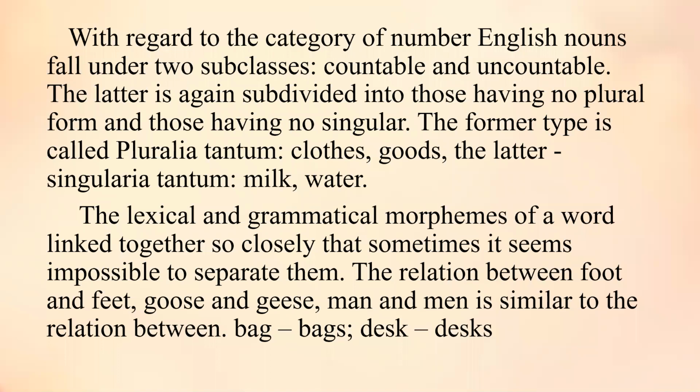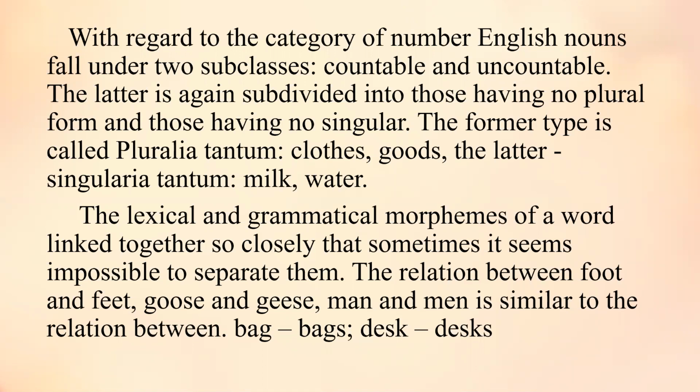With regard to the category of number, English nouns fall into two subclasses. As we mentioned, countable and uncountable. The latter is again subdivided into those having no plural form and those having no singular. The former type is called pluralia tantum, for example, clothes, goods, and the latter singularia tantum, milk, water, juice.